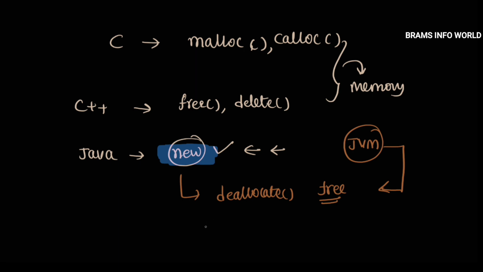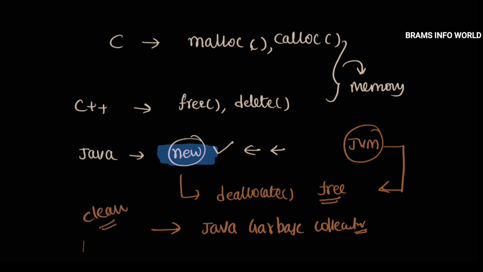So here there is a topic called the Java garbage collector. This Java garbage collector is one of the automatic components of the JVM. We are going to learn how it cleans unused objects.